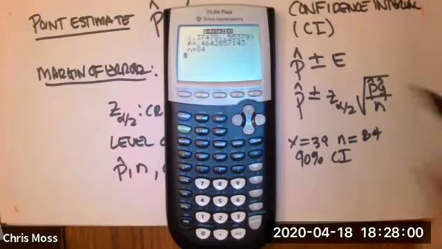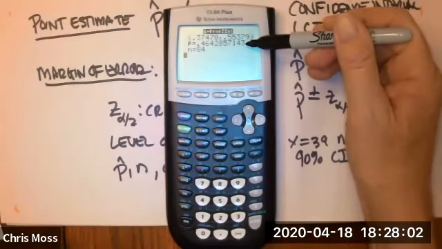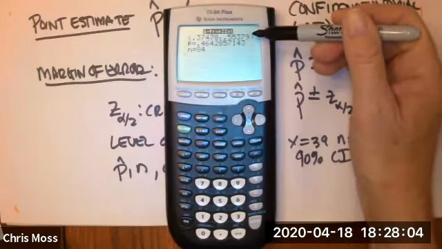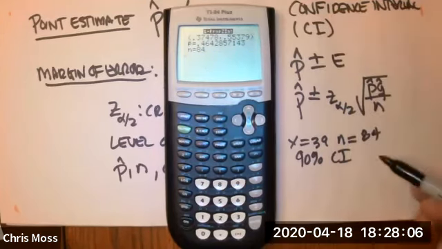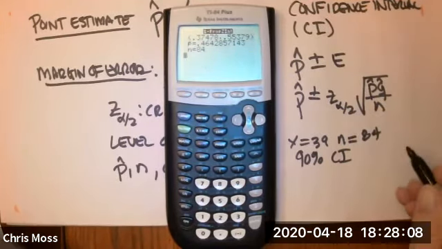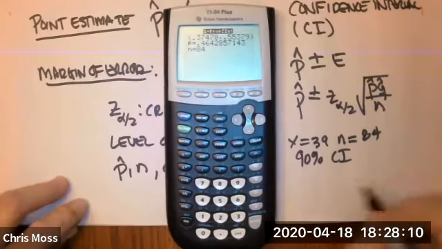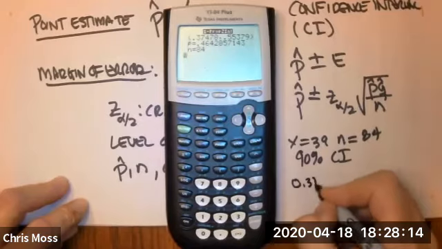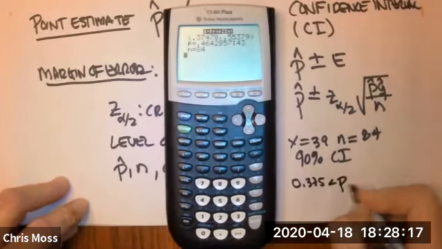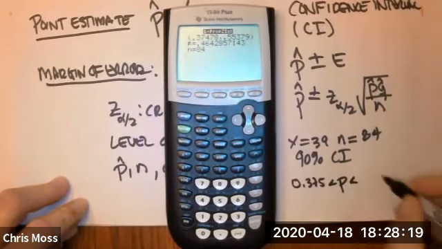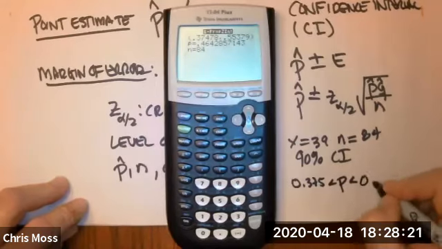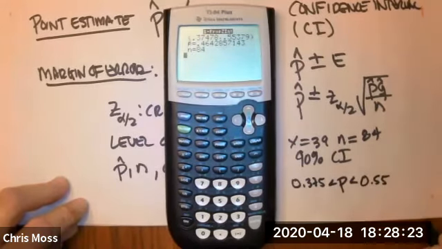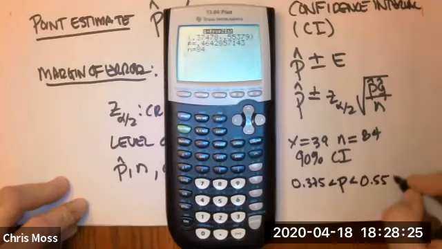I'll note that we have our point estimate as well as the confidence interval. I like 3 decimal places here. There is no hard and fast rounding rule. I'll write 0.375 less than p, the parameter that is being estimated, less than 0.554.